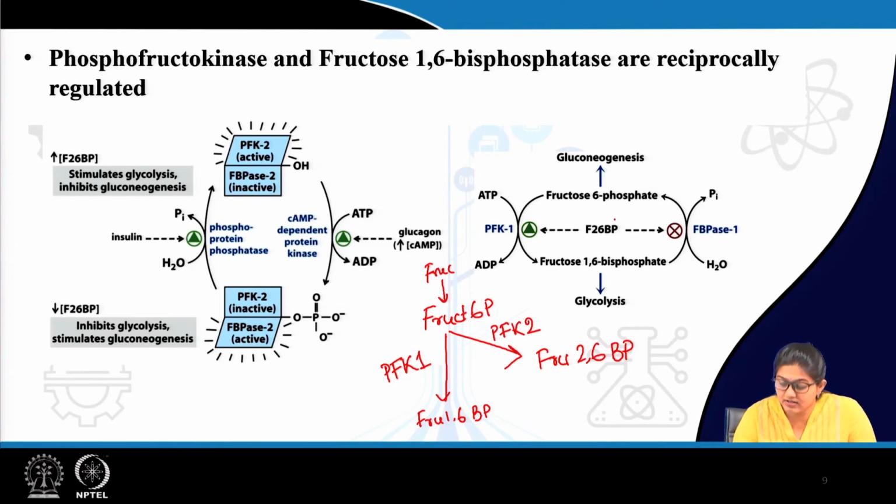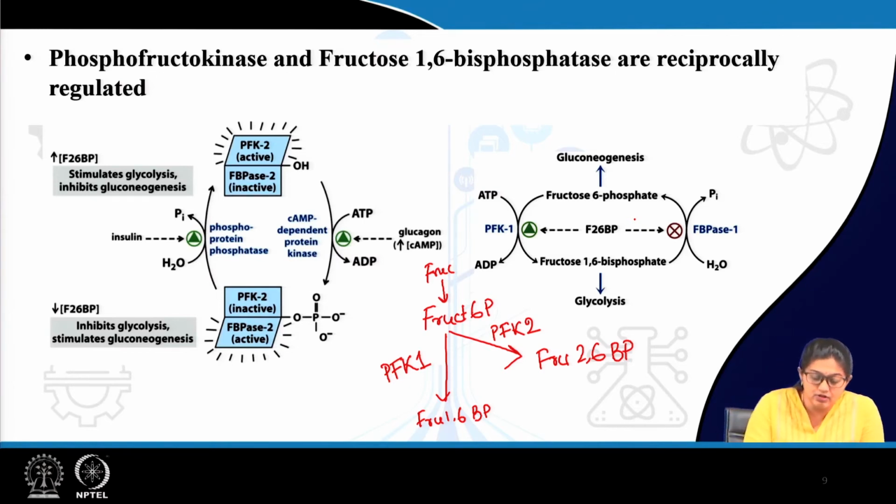Now, this phosphofructokinase 2 enzyme is basically a bifunctional enzyme. So, in one single enzyme molecule there are two different types of enzyme activity. One is the kinase activity, another is the phosphatase activity. On requirement, either one of the activities is present in the cell.